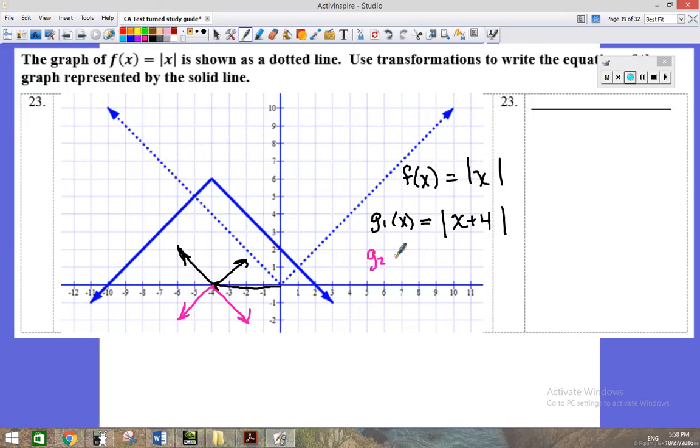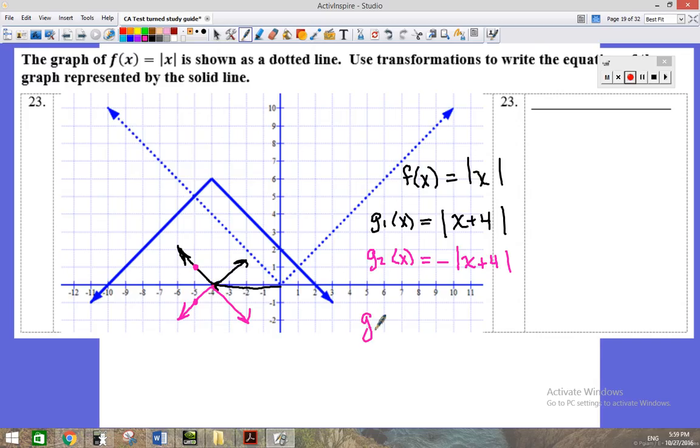So in my second transformation, since I'm changing the sign of that y-coordinate, it was up 1 and now I want it to go down 1. The negative sign goes on the outside of the absolute value symbols, which would be parentheses if you were writing in function notation. So now this one that I've written here in this pink color, I need to lift it up 6 units.